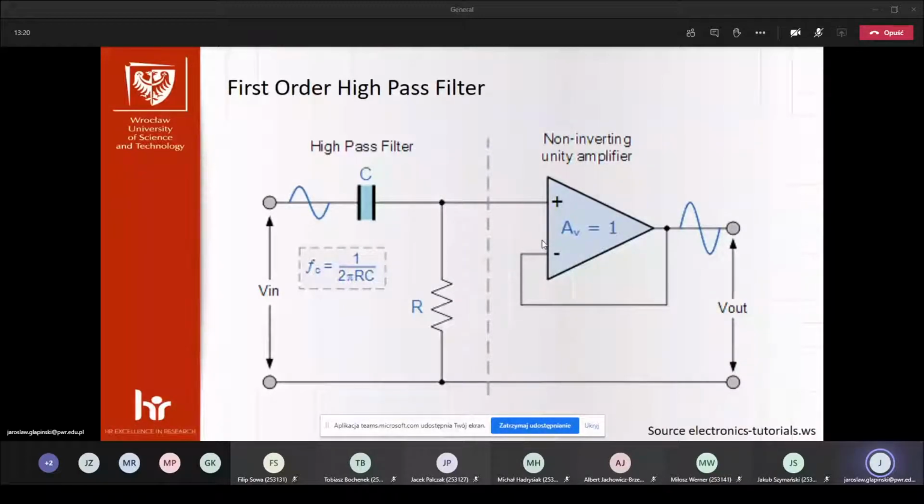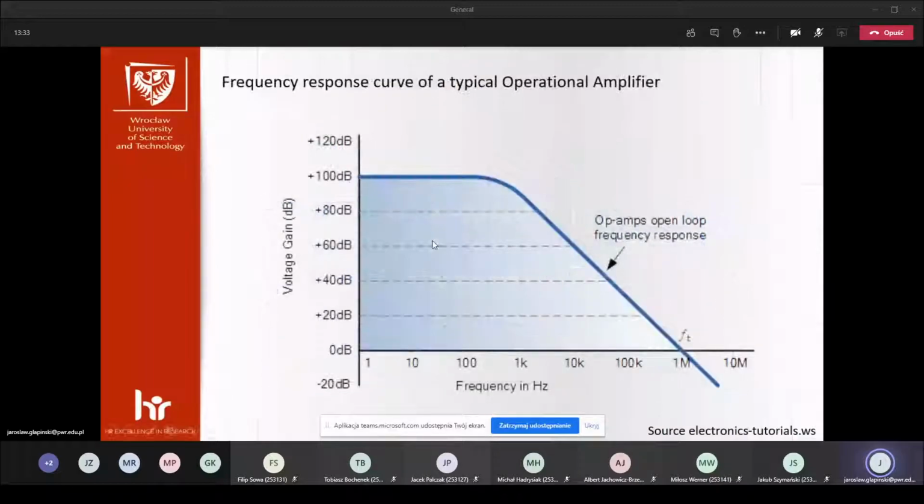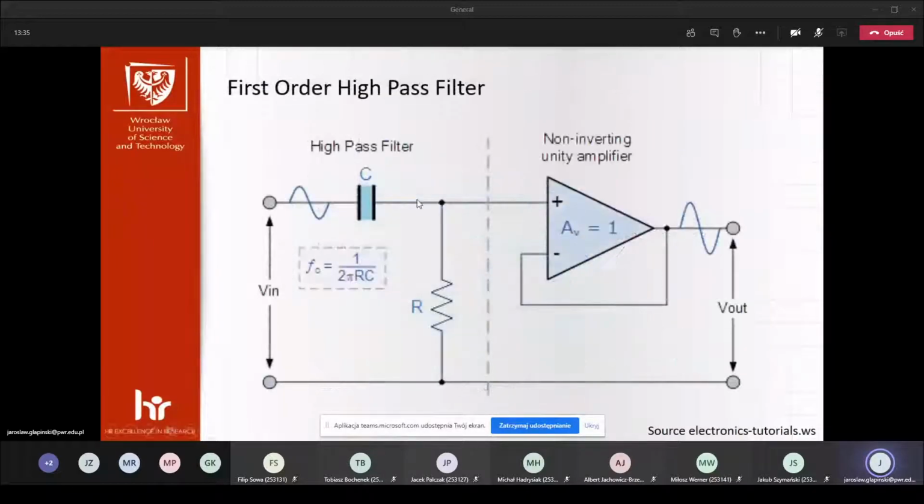This is the filter that filters lower frequencies, and similarly the cutoff frequency is the same as the CR filter for the basic components. So we can produce a filter that does not pass the low frequencies.